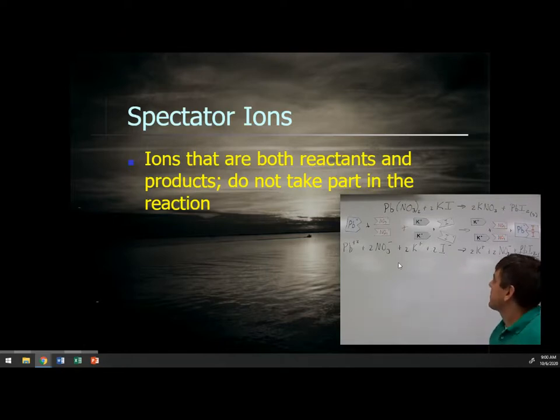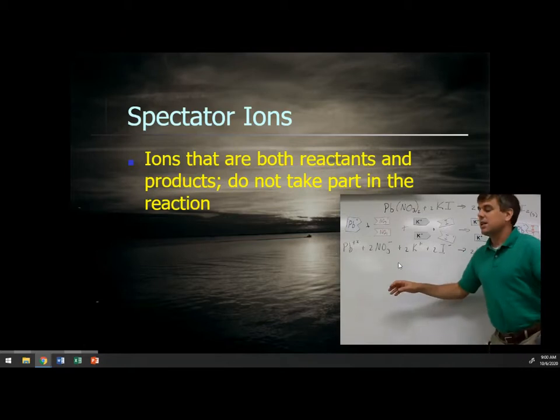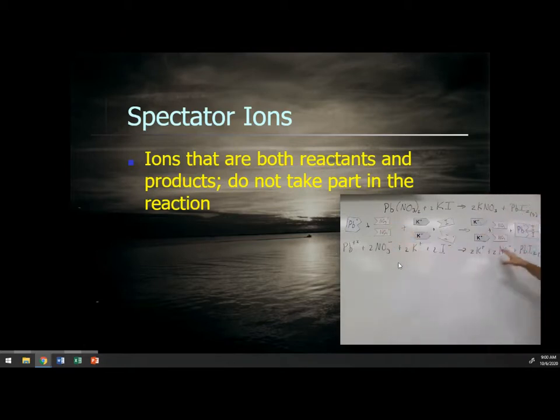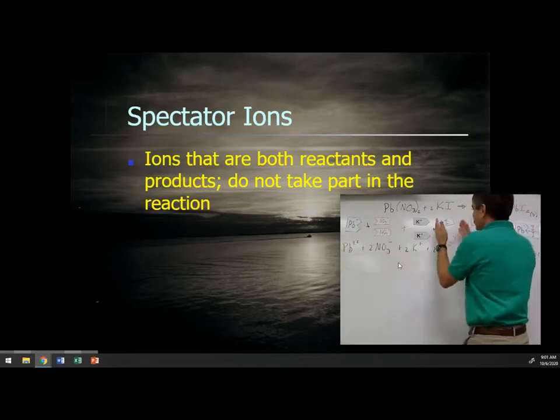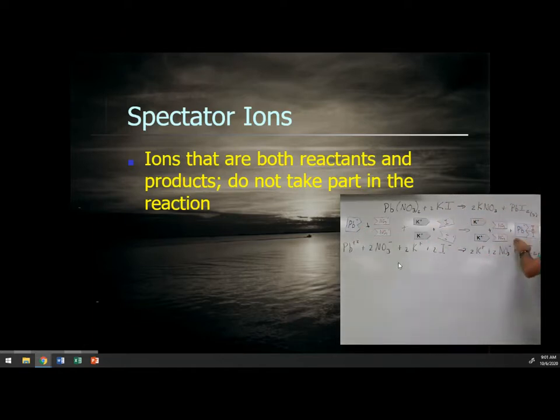So if we look at our reaction here, the nitrates stay as part of the solution on both sides, and the potassiums stay as part of the solution on both sides. So potassium ions and nitrate ions are spectator ions, because what's happening in this reaction is that the lead is hooking up with the iodide to make lead(II) iodide.